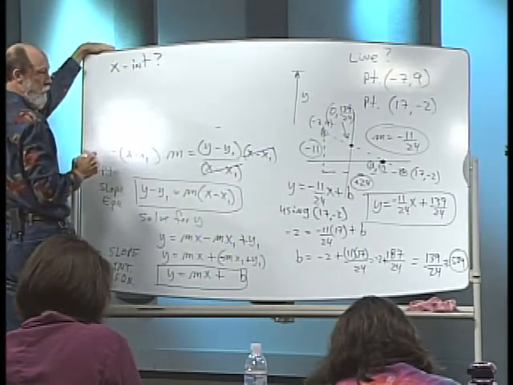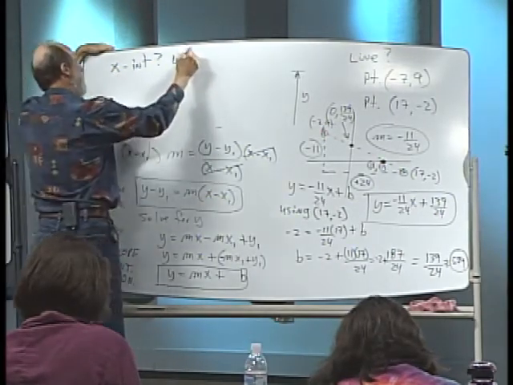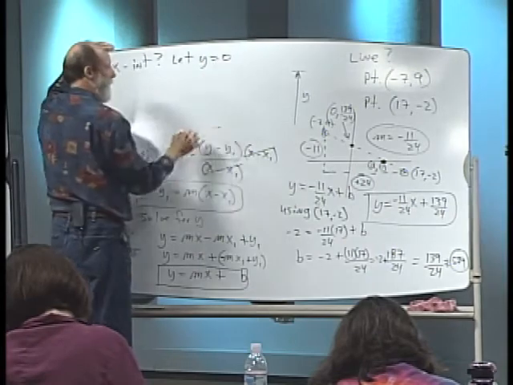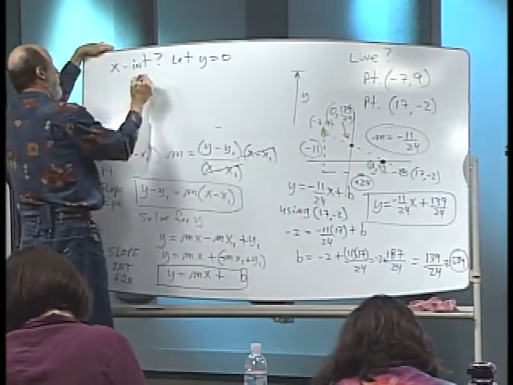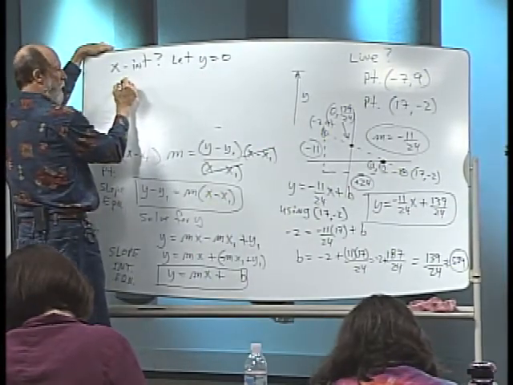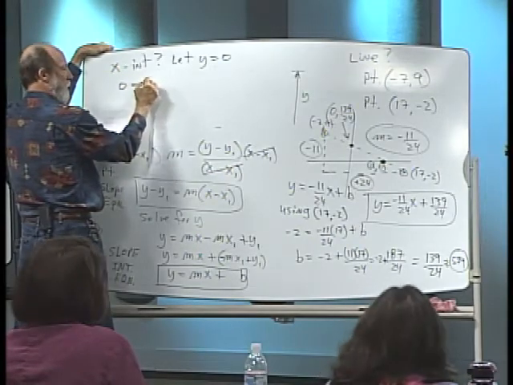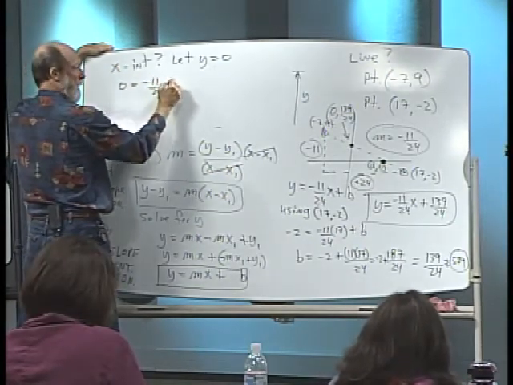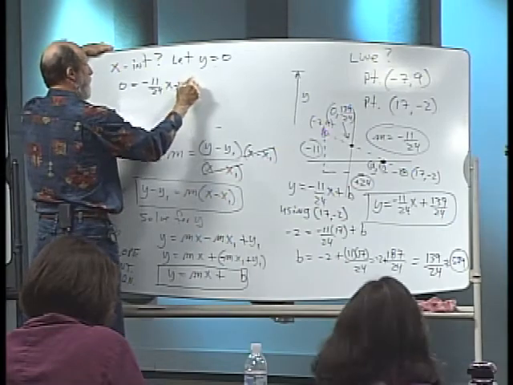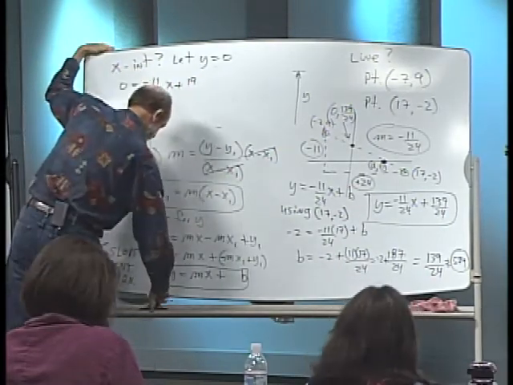I'm going to let y equal 0 to find that. So I have an equation now that is 0 is equal to minus 11/24 times x plus this 139/24.